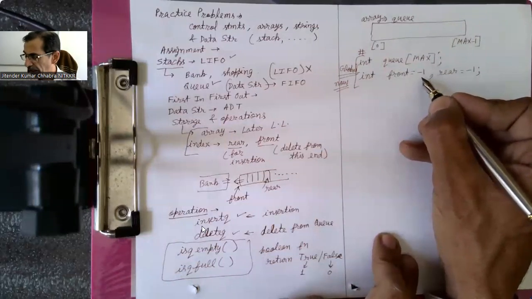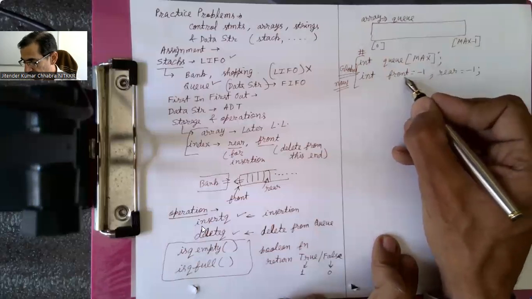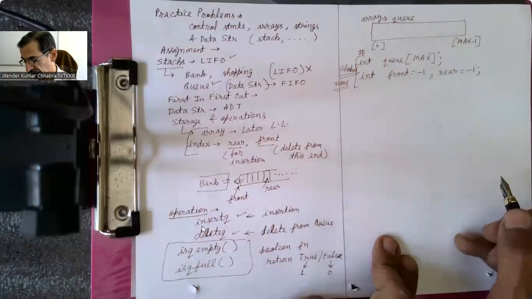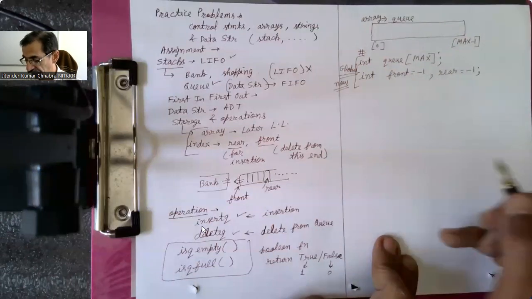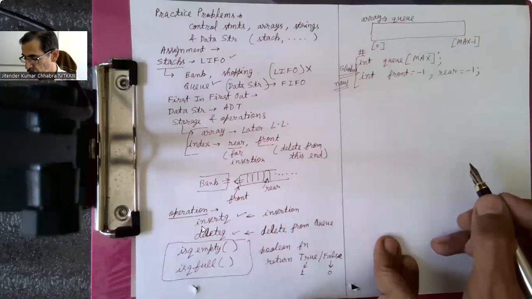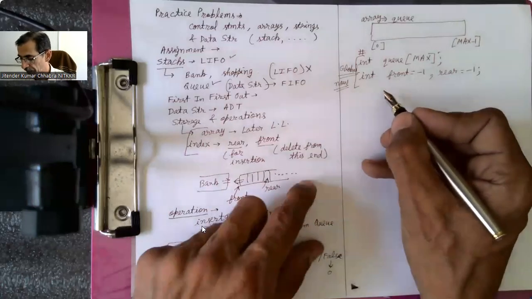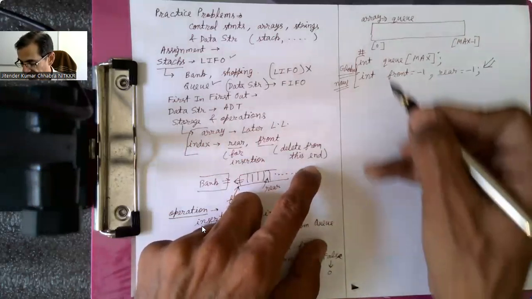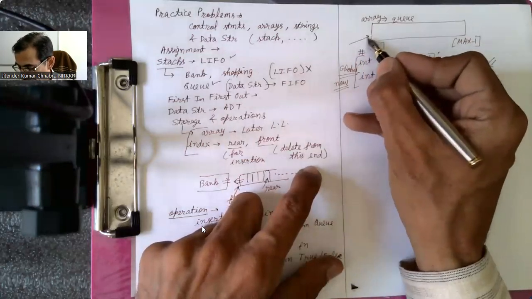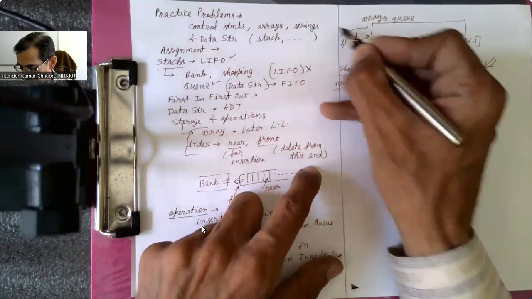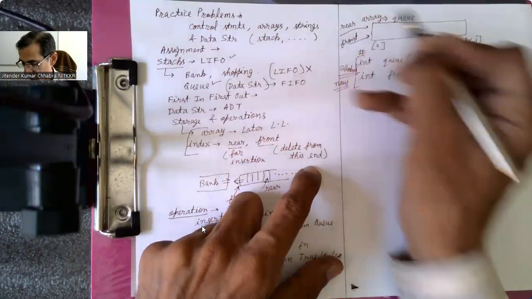Q has no element at all. So Q has front and rear outside of the Q, and at present Q has nothing in it. Once Q gets activated, Q will have certain elements, so valid indexes from 0 to max -1 will get used. Once I define this, everything is well defined. So I have here initially my front end, and I have my rear end also there.